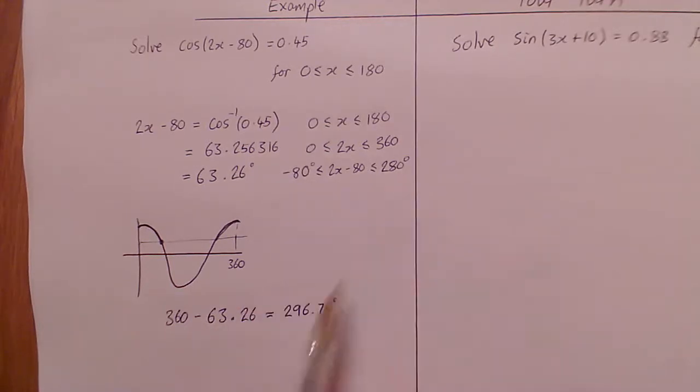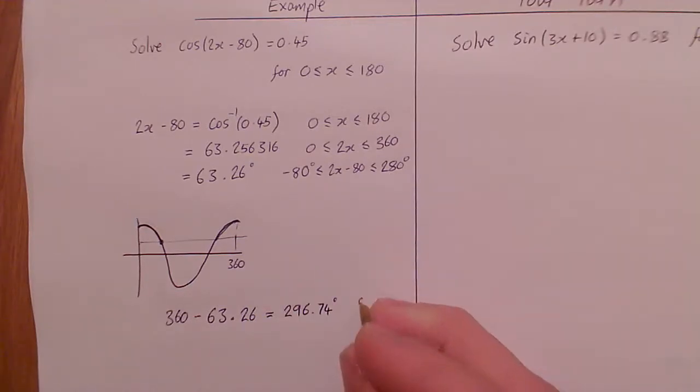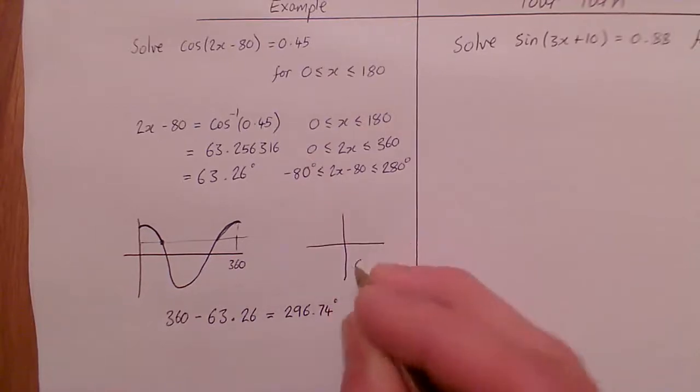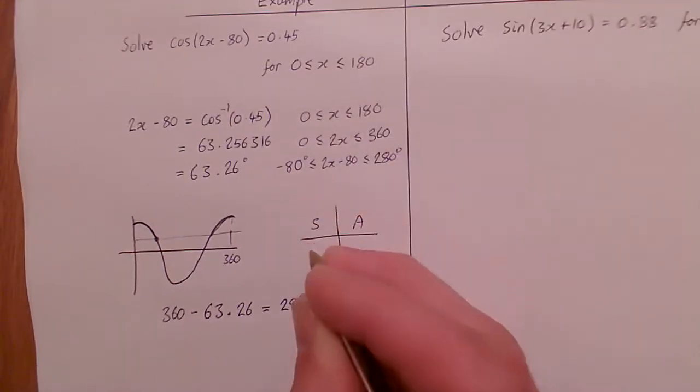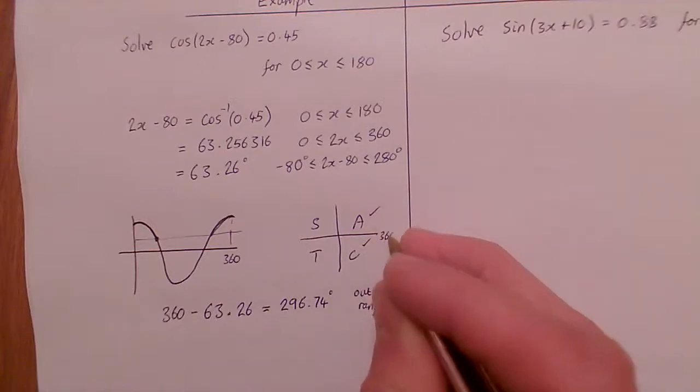Now this is where working out this range becomes super important. I'm looking at this range up here going, hang on a second, 296.74 degrees is bigger than my 280. So I'm going to label that down. So that is out of range. Now you come to exactly the same conclusion if you use your cast diagram, just so you've got that there as well. Positive there and there. That's 360.